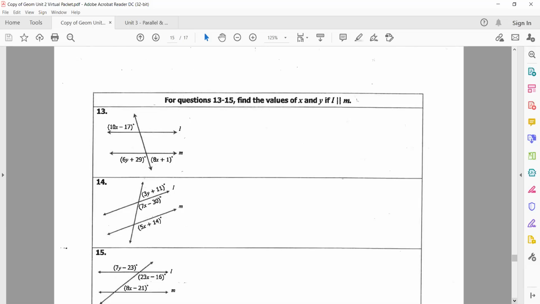Slope intercept has X and Y in it. We don't care about the slope. The slope intercept is not a solvable equation anyway because it's got two variables. That's not going to help us. We need to create an equation where we can either find X or we can find Y.